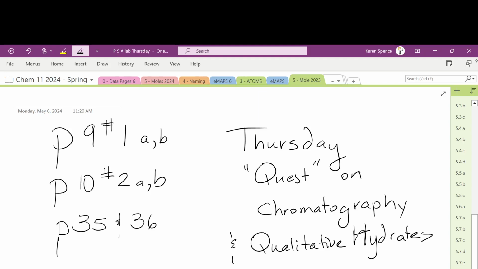Oh, and is there anyone who has not yet gotten a yellow mole summary? Tomorrow?